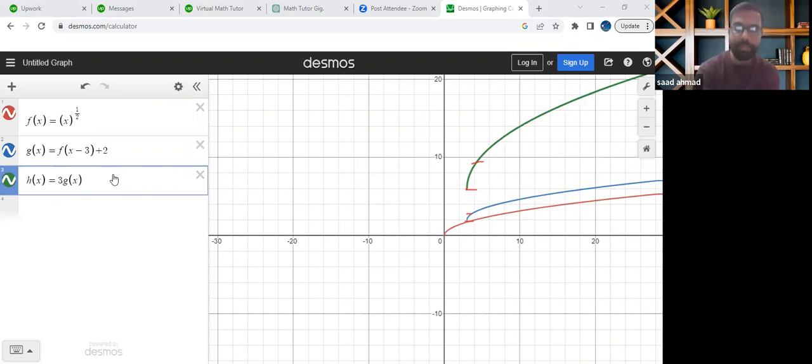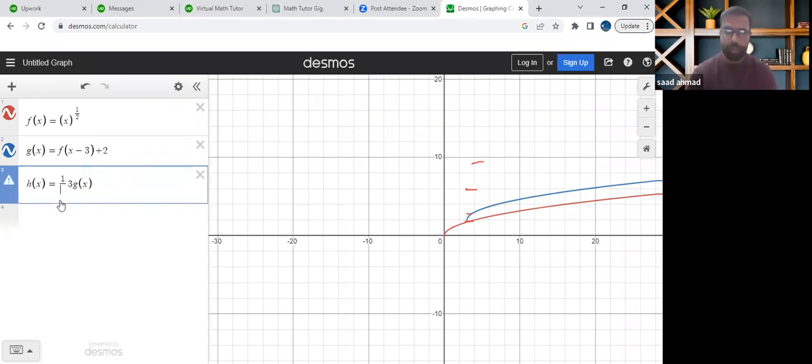If we divide it, let's say by 3, or multiply by 1/3, you see now in the same area where it was taking this much space on the y-axis, now it's taking very small space. So it's vertically shrunk.